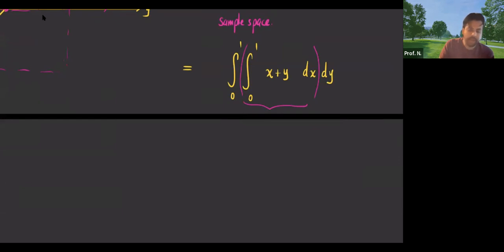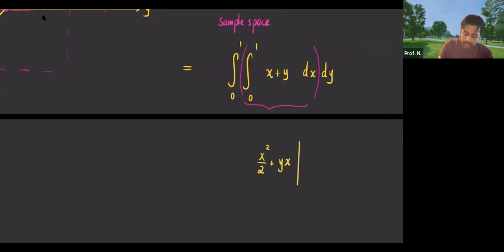The antiderivative of x in terms of x is x squared over 2. But we're going to treat y as a constant with respect to x. It's like saying 5, just a number. With respect to x, the antiderivative would be yx. Do you guys see that?